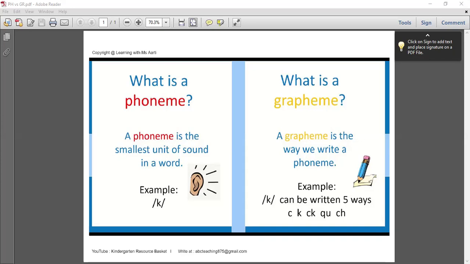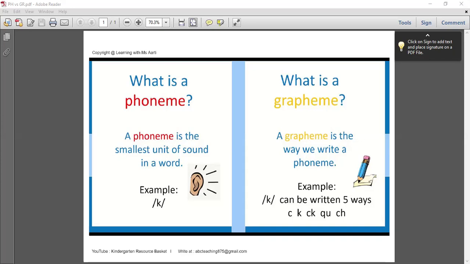For example, the letter K sound can be written in these 5 different ways: C, K, CK, QU, and CH, which is actually the ch sound, but at some places I will find it as K. So grapheme is the written presentation, but phoneme is the smallest unit of sound in a word.